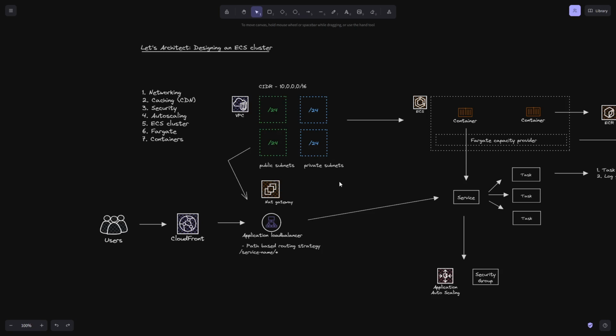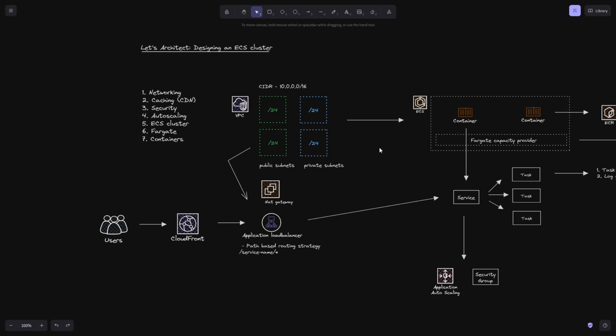Then it's security. Then the next thing is auto scaling, making sure that our cluster is consistently accommodating the amount of requests that are coming in, the load that's coming in. Then the fifth thing we'll look at is the cluster itself, how that will be set up, including Fargate, and then lastly the containers themselves, right?